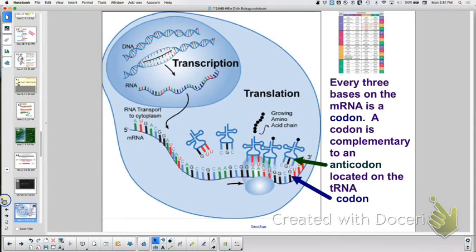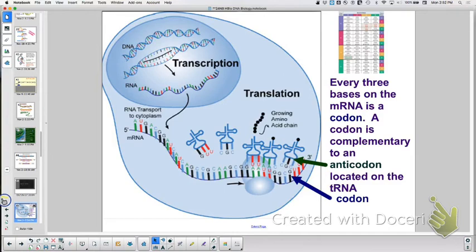So if the DNA said cat, then the mRNA codon would say what? C with G, A with U, T with A, right? So the codons were determined by the DNA. The DNA determines what the mRNA is going to be. The mRNA determines what tRNA is going to be on it and what amino acid it brings. So ultimately, the DNA determines the protein, right? Through a series of intermediates.